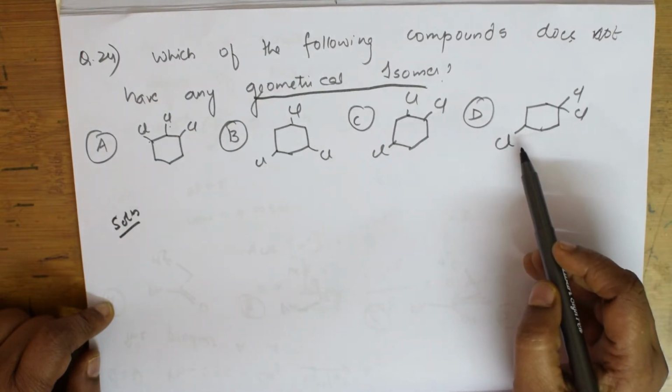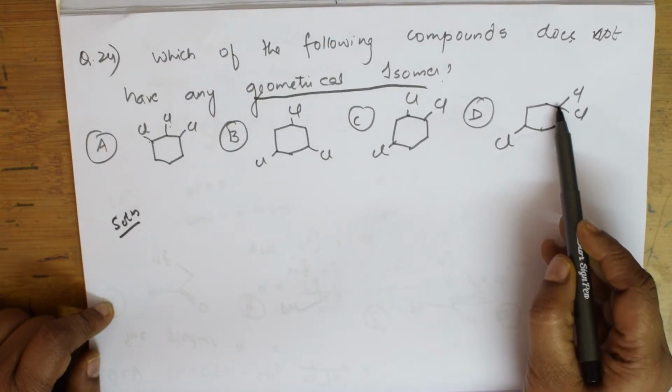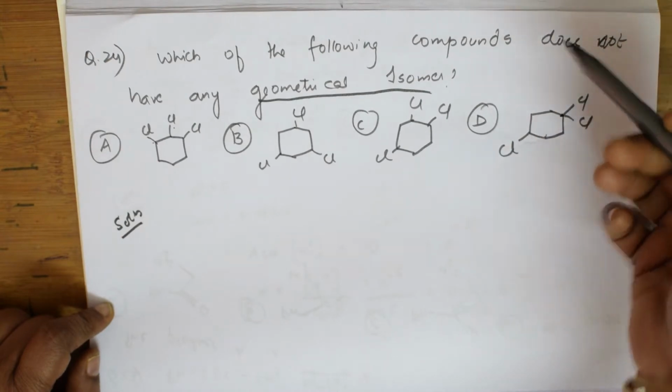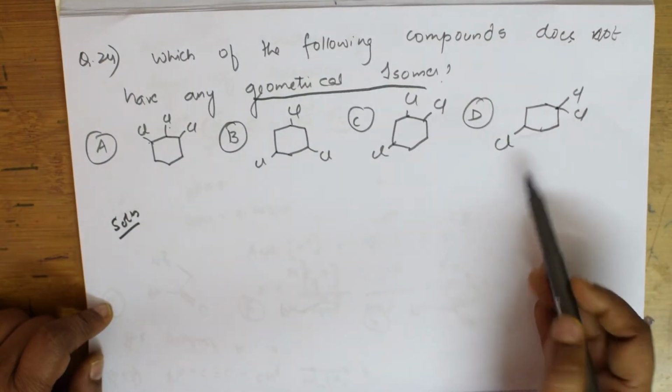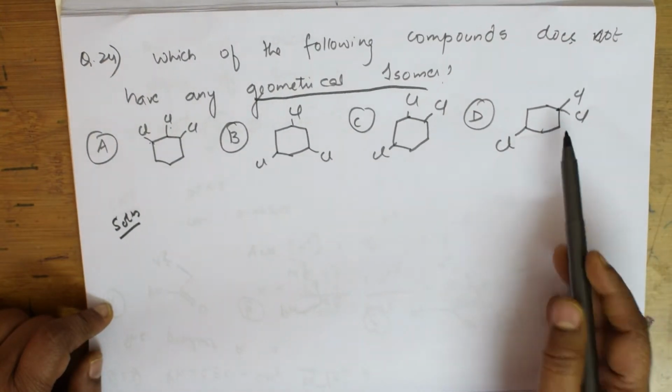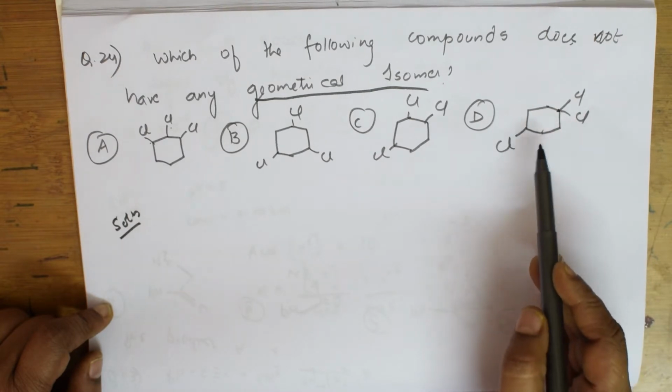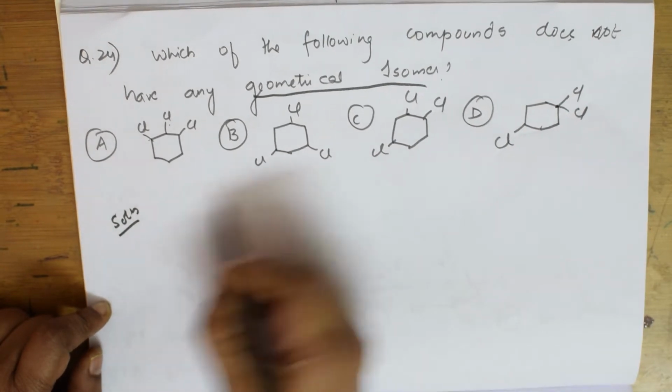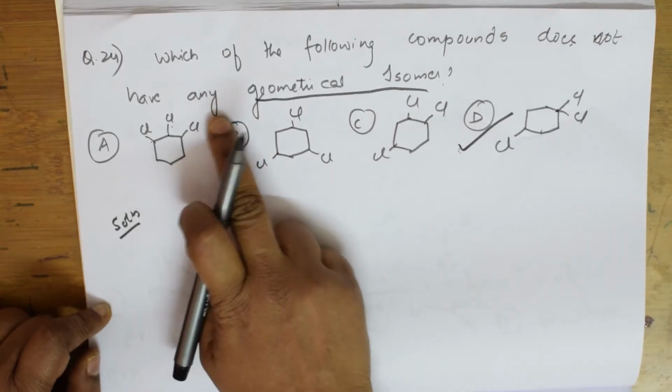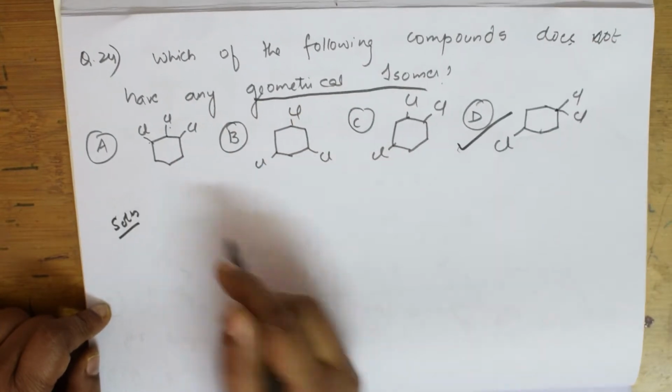Now in the last case, here chlorine is present on the same carbon. Just see now, even if you rotate, there is no change in the structure, or there is no isomer formed from the structure. So option D, right? Option D is the correct answer, which does not have any geometrical isomerism. Why?